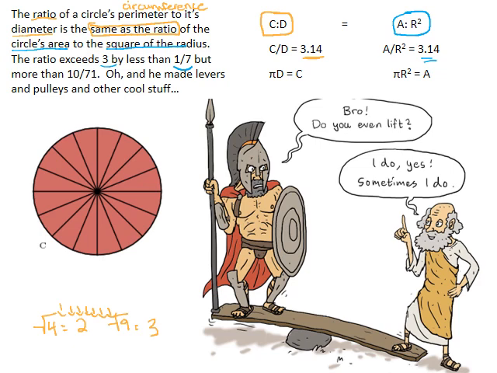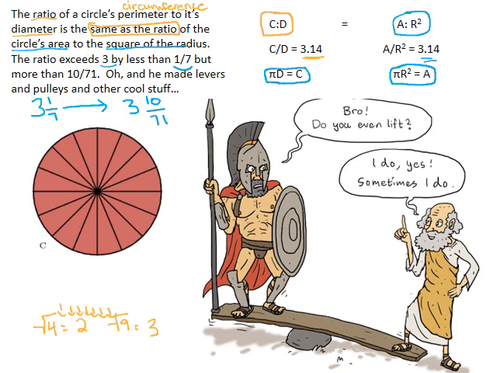So in between 3 and 1/7 to 3 and 10/71. That's where he figured this number lied. And so he figured out that this special number, which we now call pi, if you multiply pi times the diameter, you'll get the circumference, and if you take pi times the radius squared, you'll get the area.